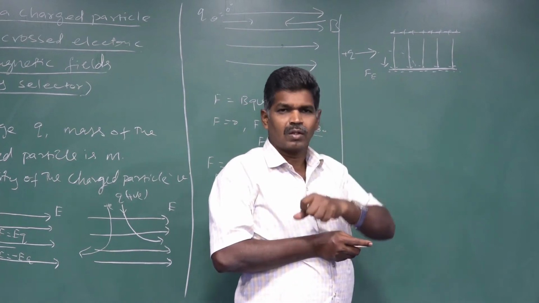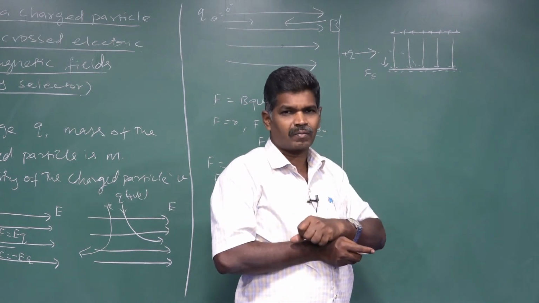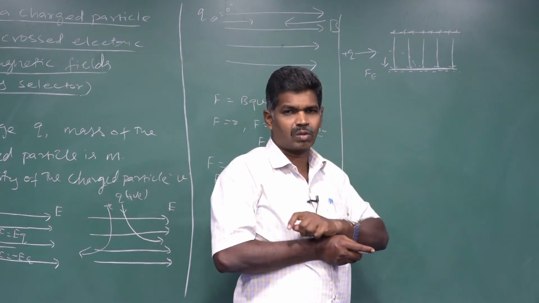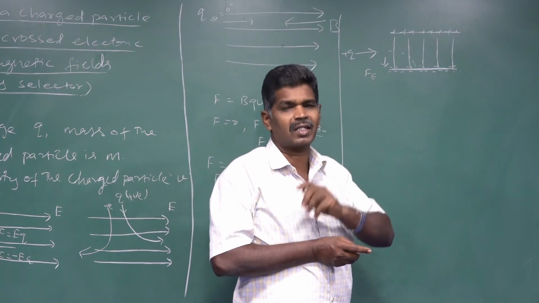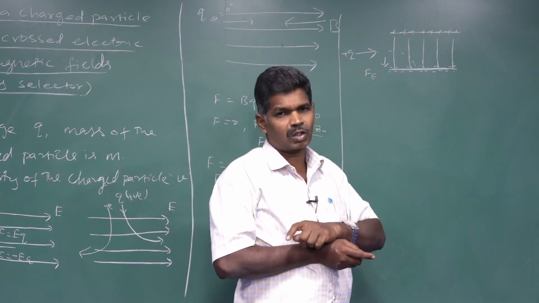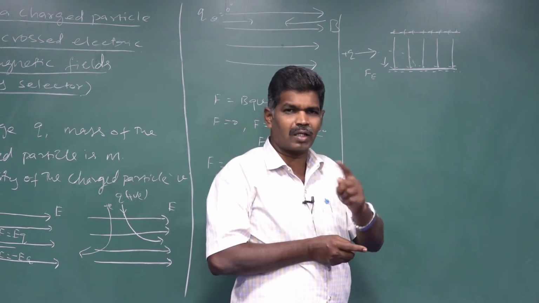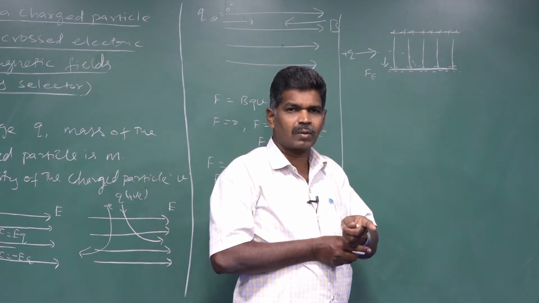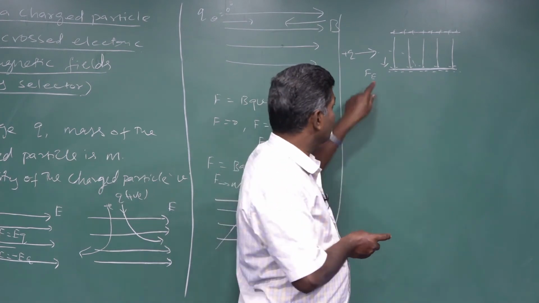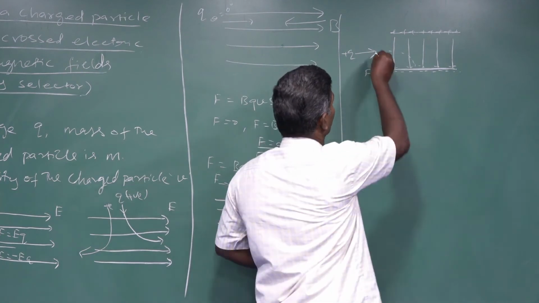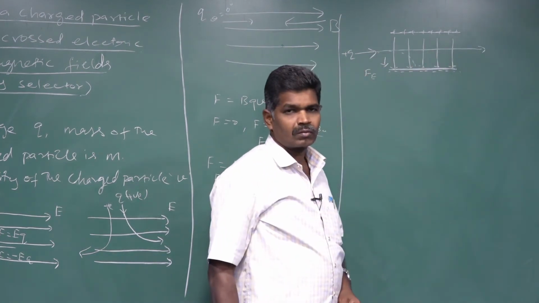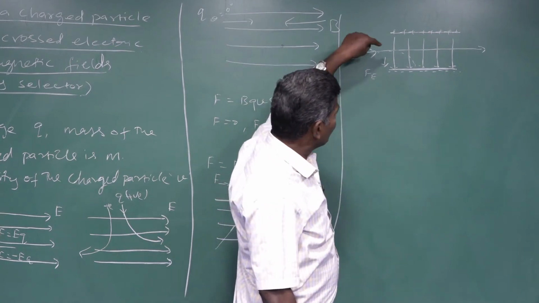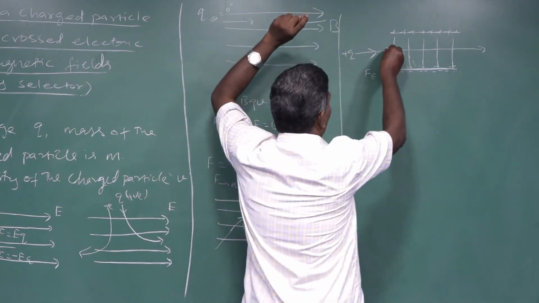What kind of force can we apply? We will apply the magnetic Lorentz force. We want to produce a magnetic Lorentz force in the upward direction with equal amount. Then only can the charged particle move in a straight line.